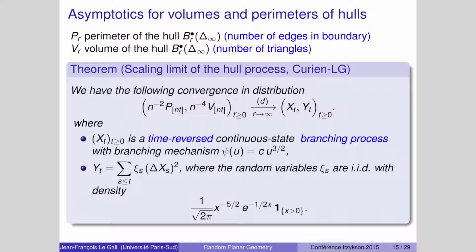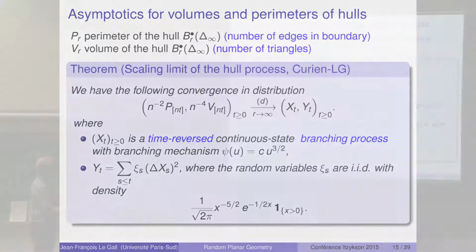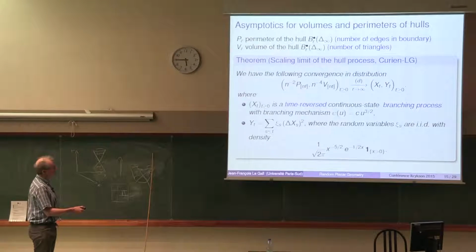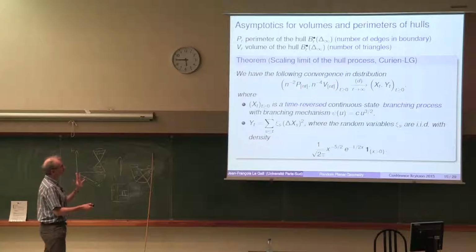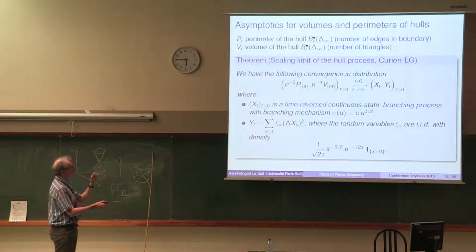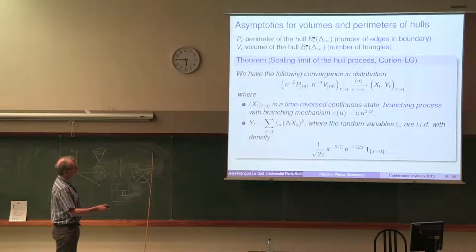Here is a result about asymptotic distributions for the perimeter and volume of hulls. I wrote it as a convergence of processes in t. So I look at the whole process of perimeters and volumes of hulls when the radius varies, but I rescale the radius. I multiply the radius by n, and I use this as a process in t.